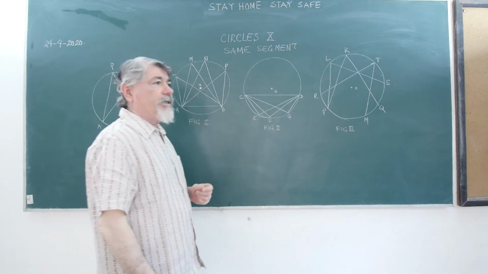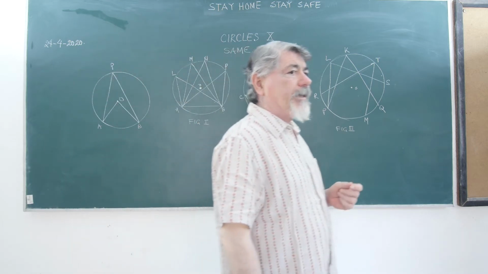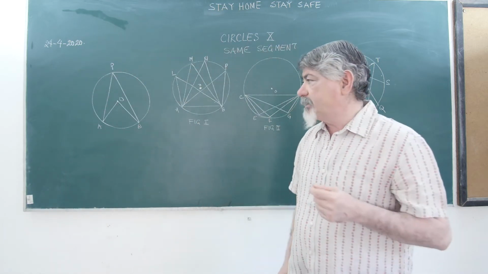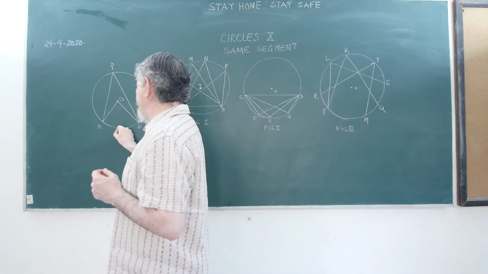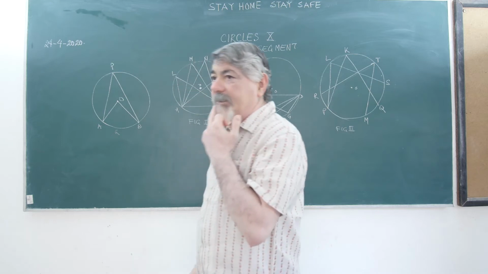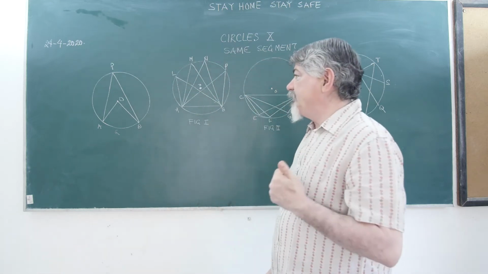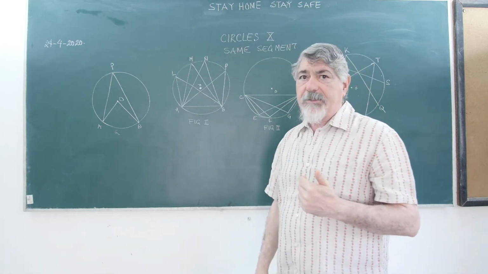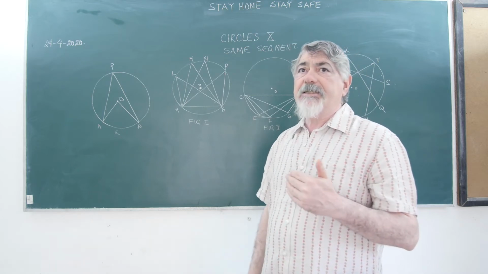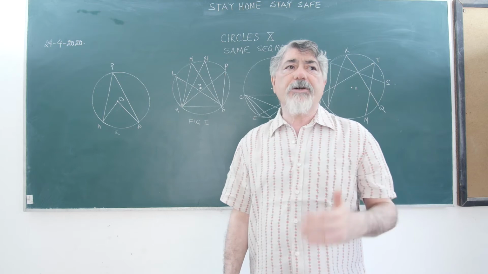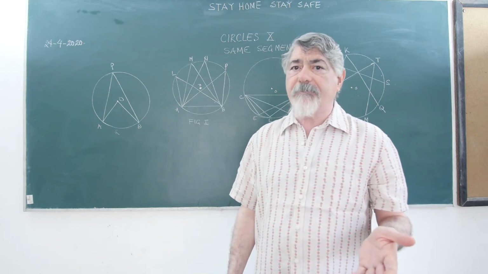We had discussed that the angle subtended by an arc, suppose I take the arc AQB, at the center is double the angle which it subtends at any point on the remaining part of the circumference.